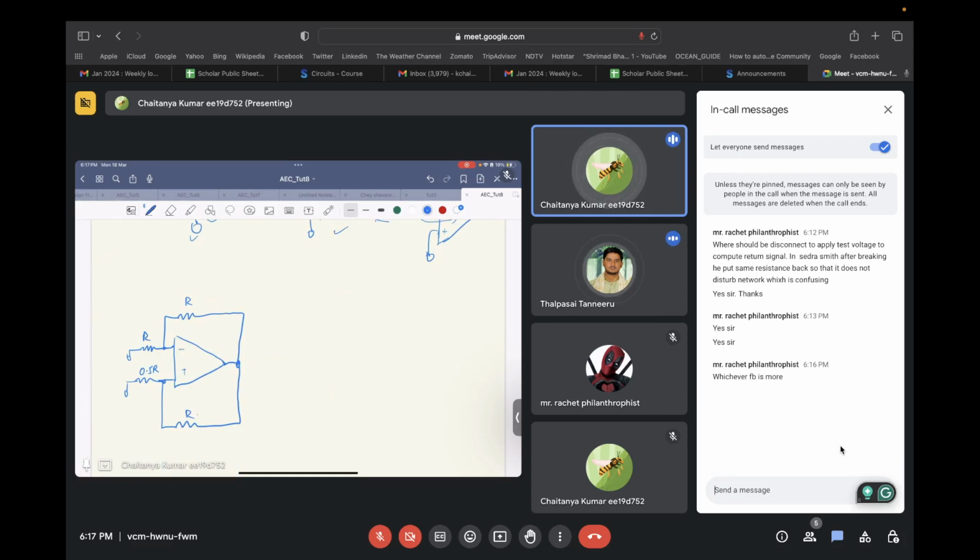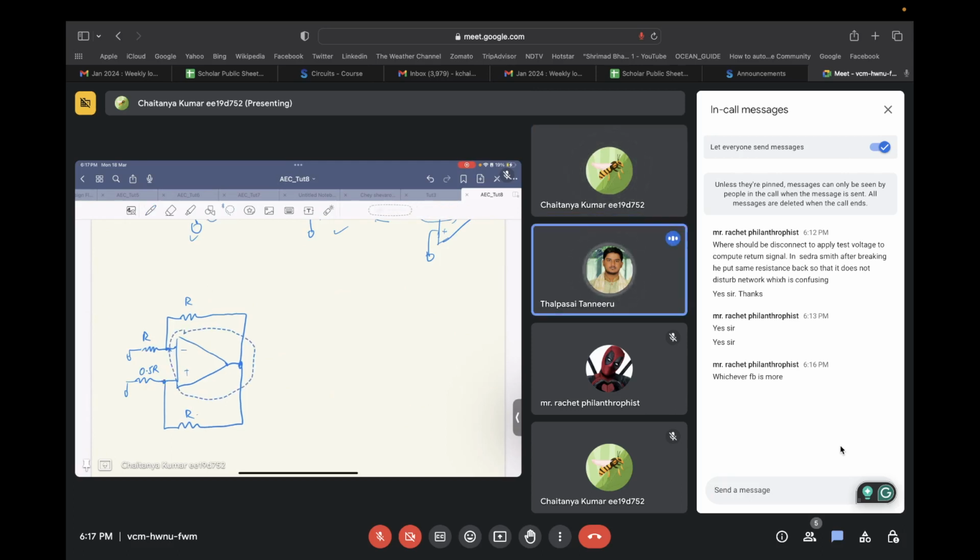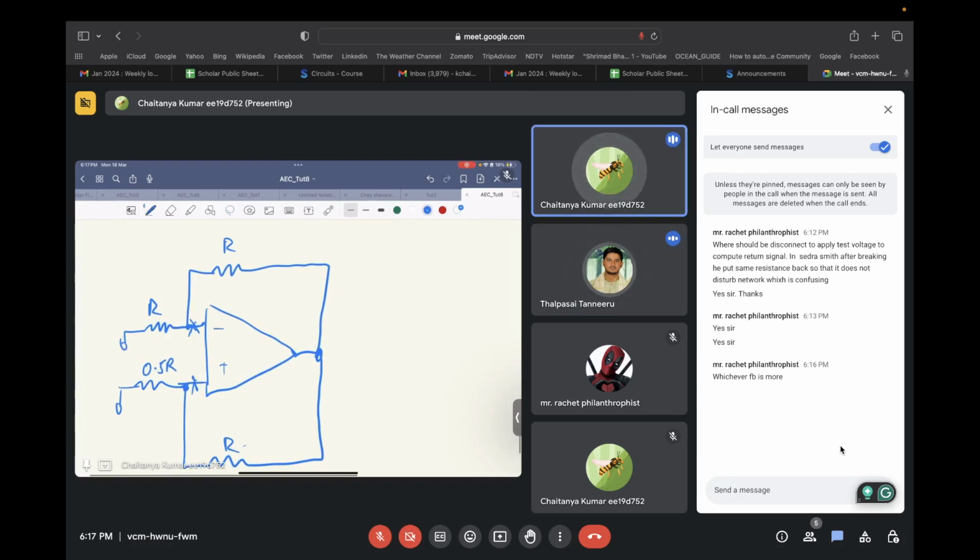In that case, you will cut the op amp like this. So you will cut the op amp over here, and let's say you apply a Vi like this.